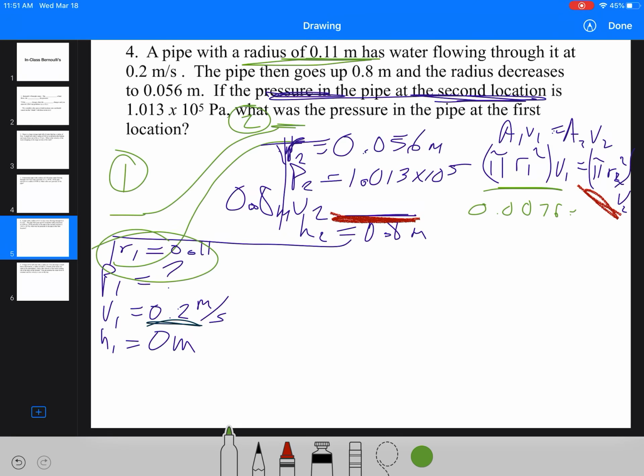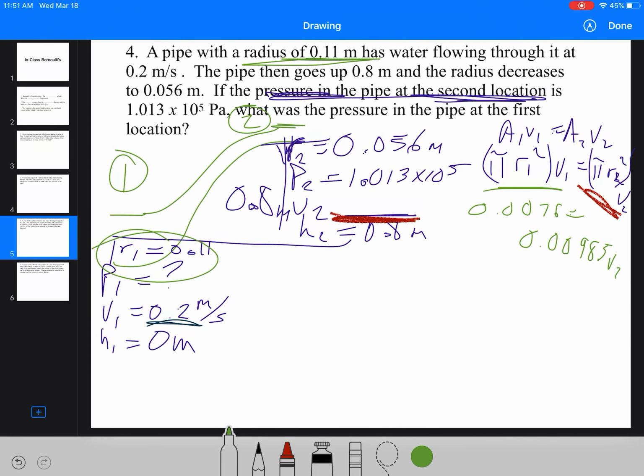And then we have pi times 0.056 squared. So over here we get a value of 0.00985 times V2.